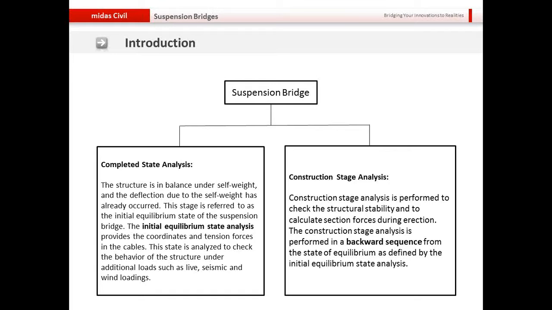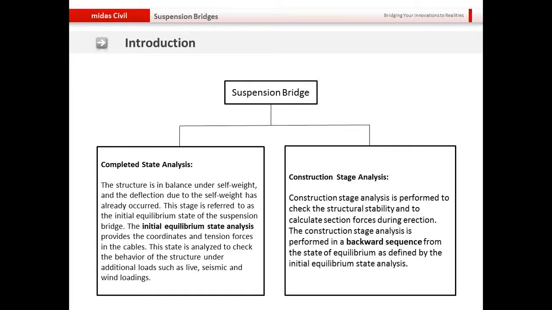It says that in completed state analysis, the structure is in a balanced condition under self-weight, and the deflection due to self-weight has already occurred. This stage is referred to as the initial equilibrium state of the suspension bridge. The initial equilibrium state analysis provides the coordinates and tension forces in the cables.